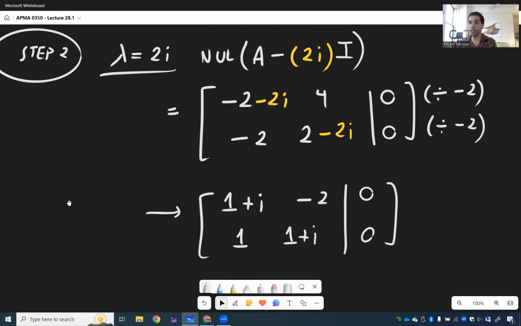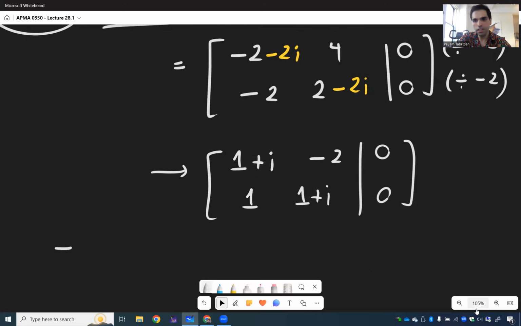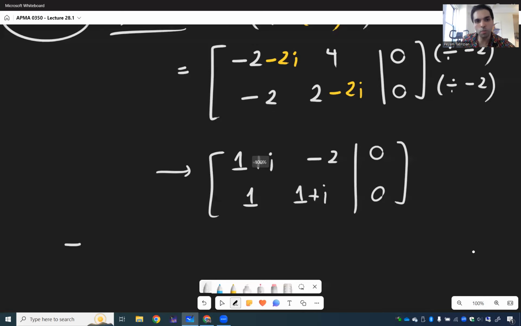Here's a little trick that I allow you to do for complex eigenvalues. Since the eigenvalue is 2i, from linear algebra, one of the rows has to be all zeros, which we've seen for the distinct eigenvalue case. So just pick any row you want and make the other row 0. It does not matter which one you pick.